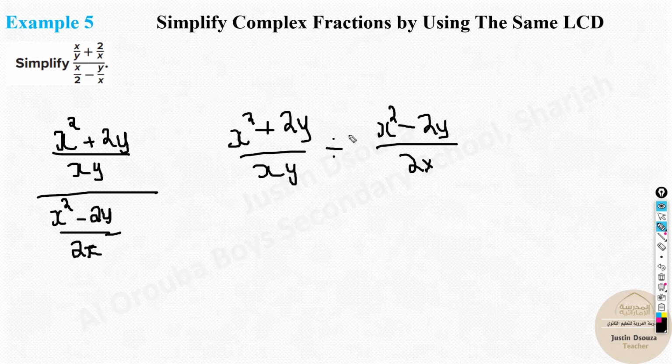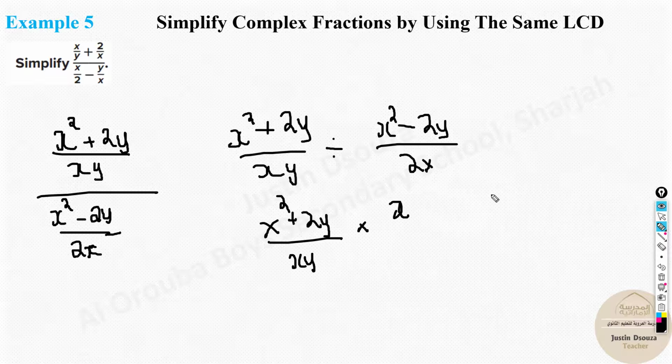Now this goes up when you multiply. It'll be x squared plus 2y divided by xy multiplied with 2x divided by x squared minus 2y. This x cancels with this x, and now you're remaining over here with these terms.